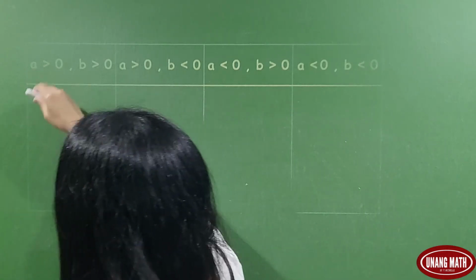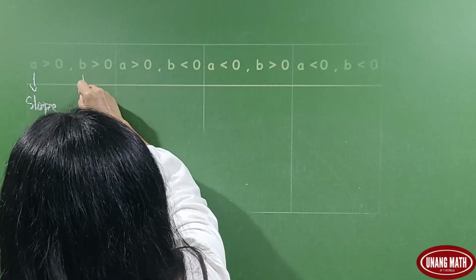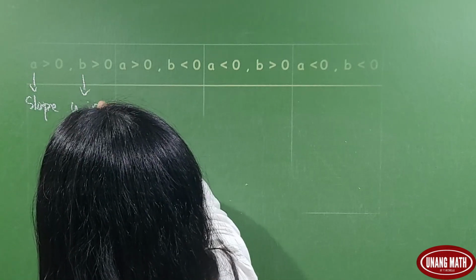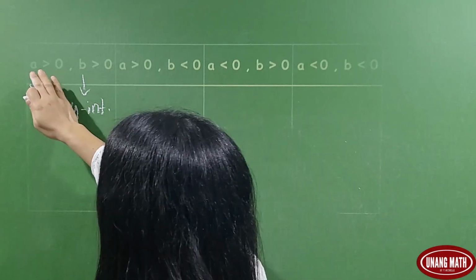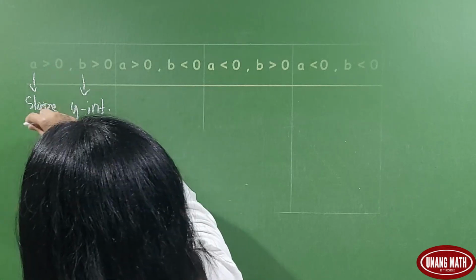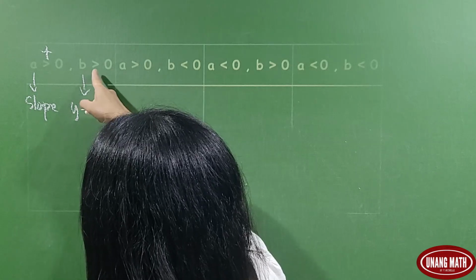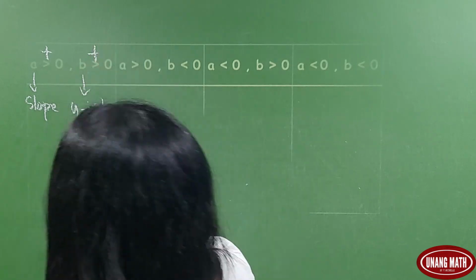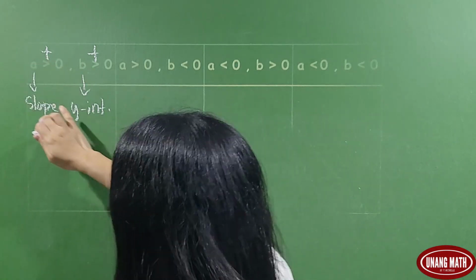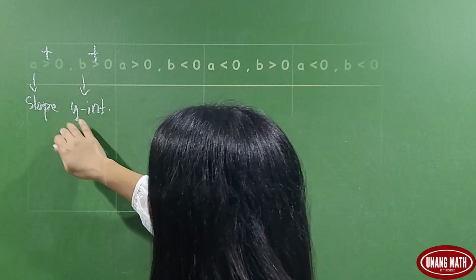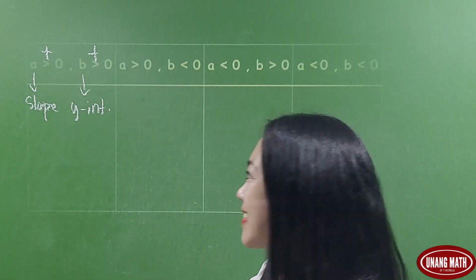Okay, take note. A here is our slope and B is our y-intercept. So the first combination here is if the slope is greater than 0, which means the slope is positive and the y-intercept is also greater than 0, which means the y-intercept is also positive. So where is the graph of this linear function, or what quadrants does this graph lie in?